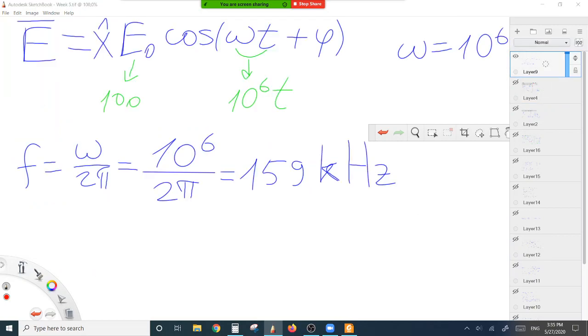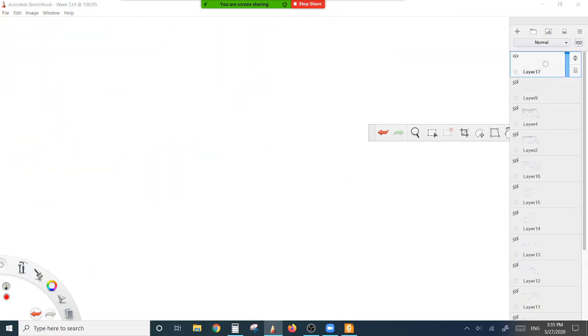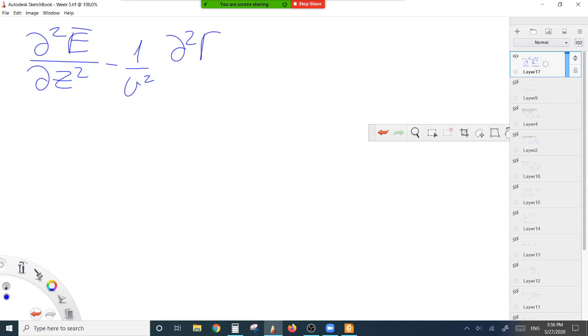Okay, so let me write in a new page. So we have d squared electric field over dz squared minus 1 over v squared d squared electric field over dt squared is equal to 0.